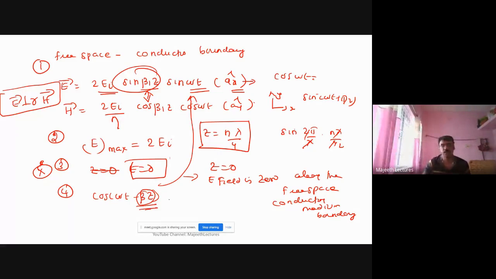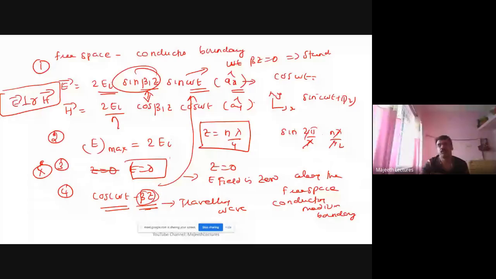This is missing. If this is a traveling wave, we have a phase term. Here you see the beta z component is 0. That means it is a standing wave. So the electric field acts as a standing wave. Similarly, the magnetic field is also a standing wave. There is no beta component. So this is also a standing wave. These are all the important points you must remember when you deal with free space on a conducting boundary.